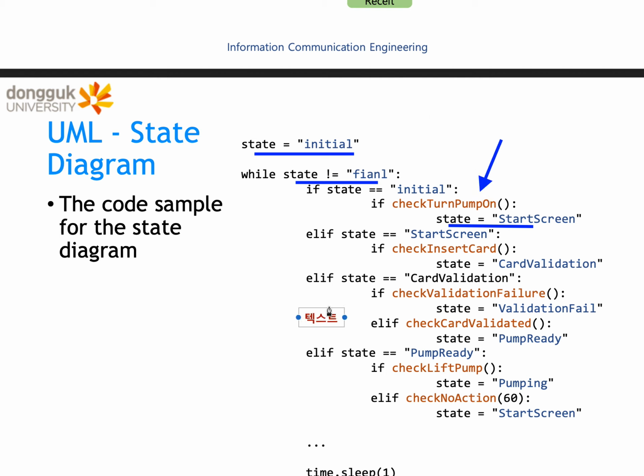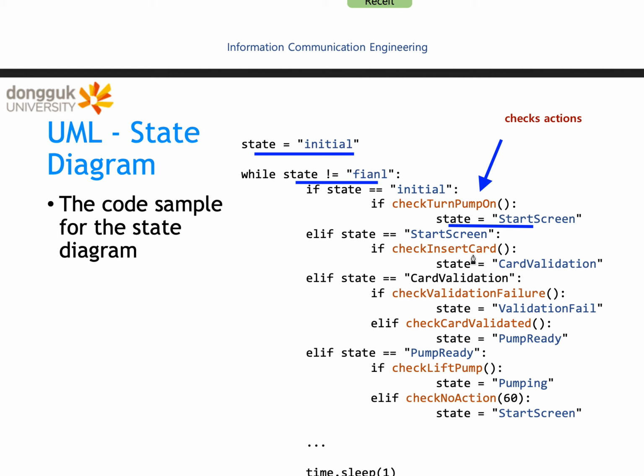This guy checks actions, okay? So state will be changed, and if there's no action, then the state is the same state, okay? Else if state is start screen, okay?